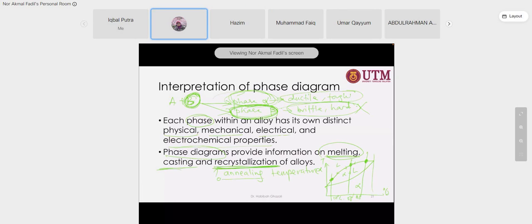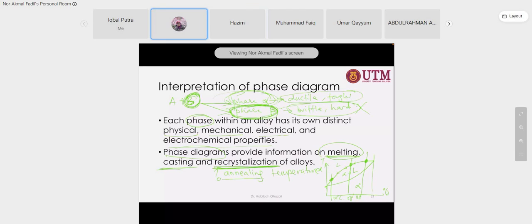Why we want to recrystallize our materials? To form a perfect crystal structure. Okay, why we want a perfect crystal structure? Our crystal structure is not perfect. That's the reason we want to make it perfect. Why?